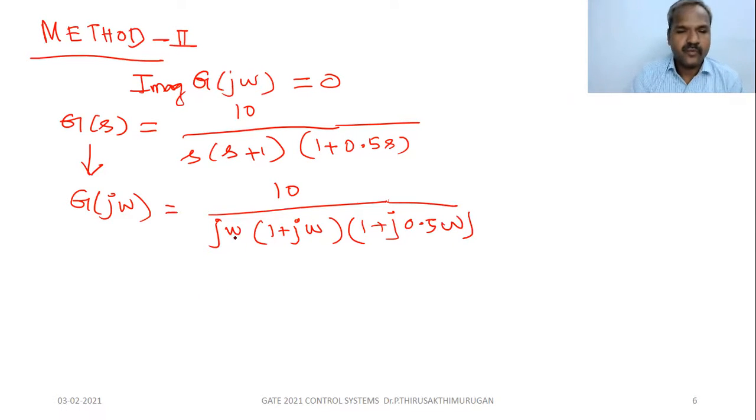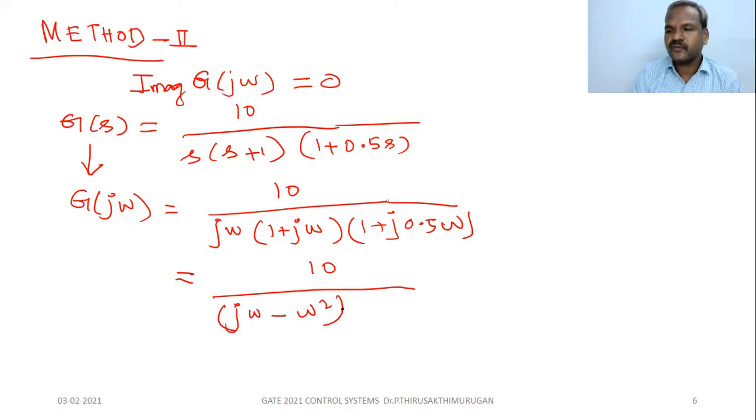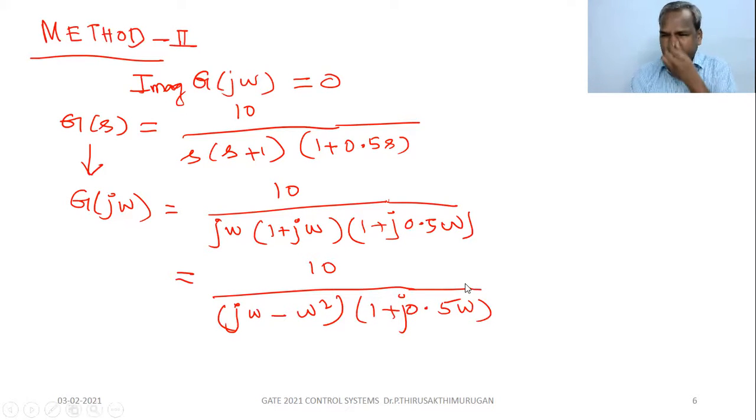Now simplify the denominator. By simplifying the denominator as 10 divided by j omega, times j omega, minus omega square. If we multiply these two, becomes minus omega square. Then 1 plus j 0.5 omega. Now you multiply these two together.